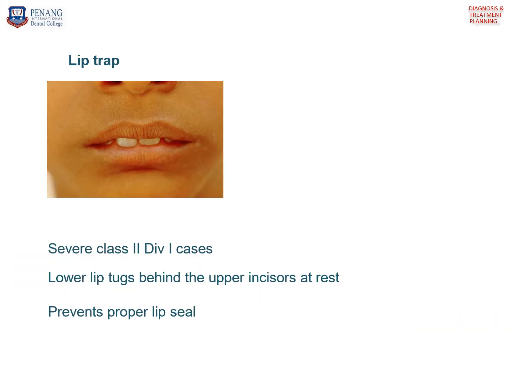Now, lip trap is most commonly seen, and I quote this, it's very important for your MCQ and short answer questions, in class 2 division 1 cases, where it prevents a proper seal and your lower lip is trapped behind your incisors.